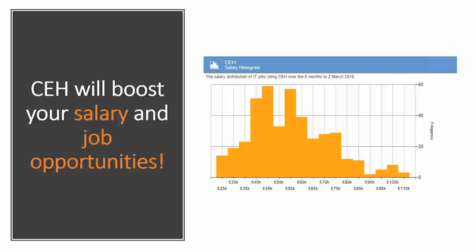When HR and people are looking to hire cybersecurity professionals, CEH most of the time is a requirement or a recommended requirement for a cybersecurity role. So again, the CEH course and certification is of the ultimate importance if you want to start in this industry.